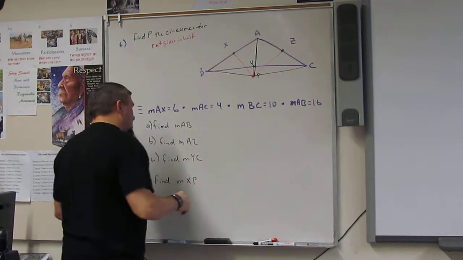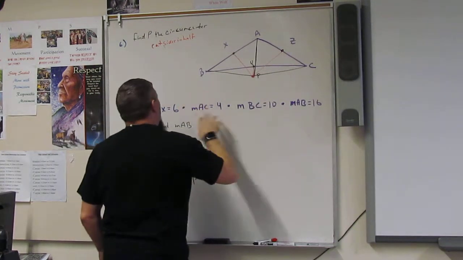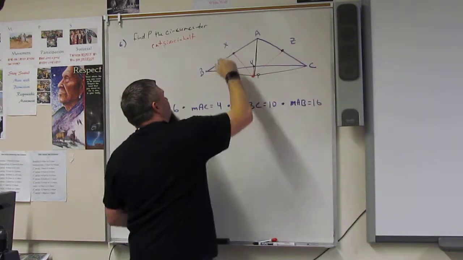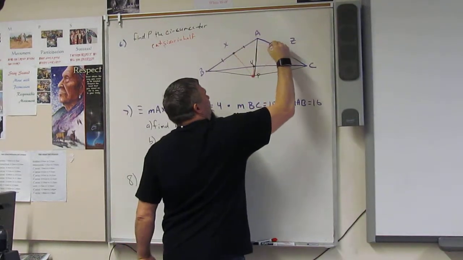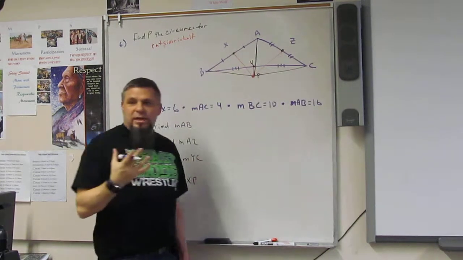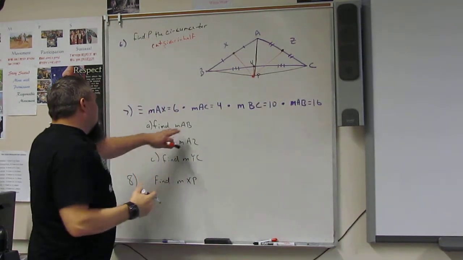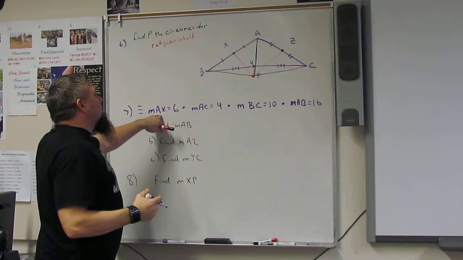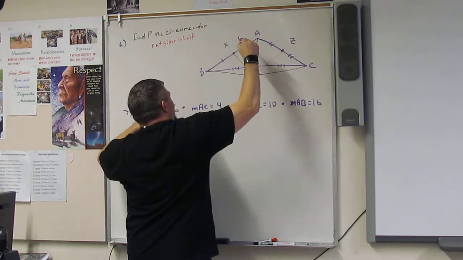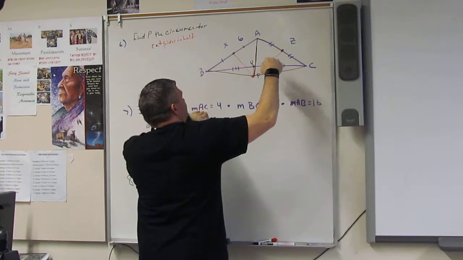Alright. Now, I can start putting in some things. AX, I know for one thing first, this is equal to that, this is equal to this, this is equal to this, right? So, AX is 6, right? AC is 4.